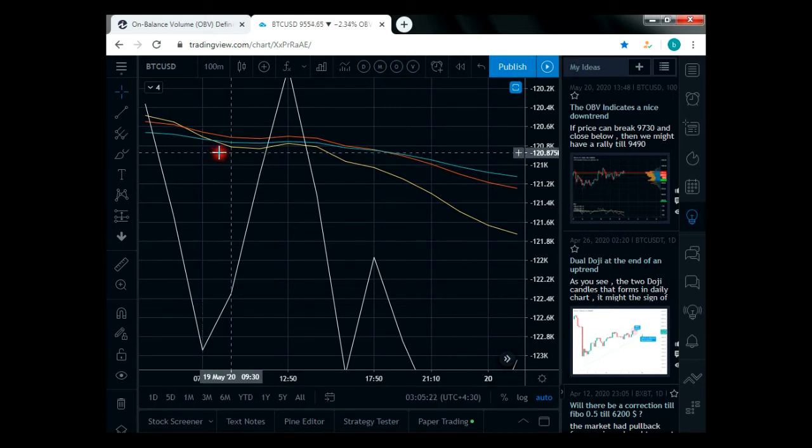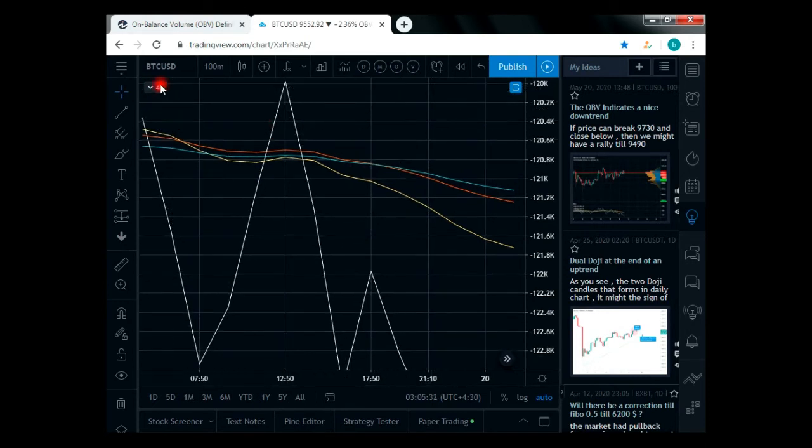and crosses down through the 90 period exponential moving average on unbalanced volume. Okay, this blue line indicates the 90 period EMA, orange indicates 60, yellow indicates 30.